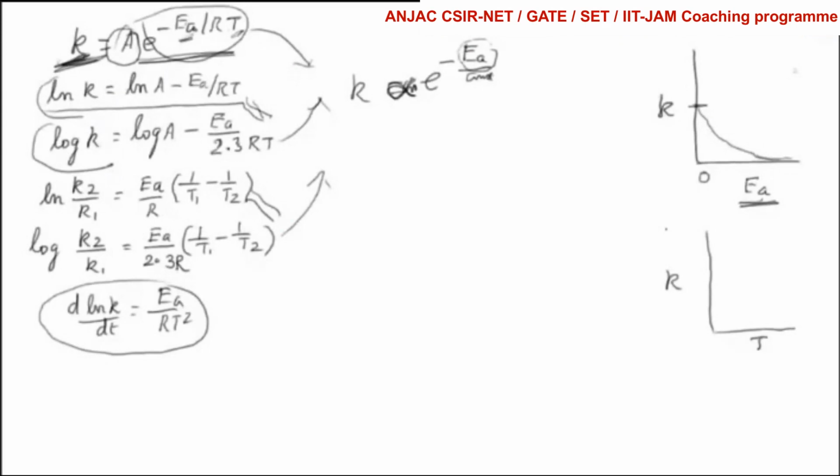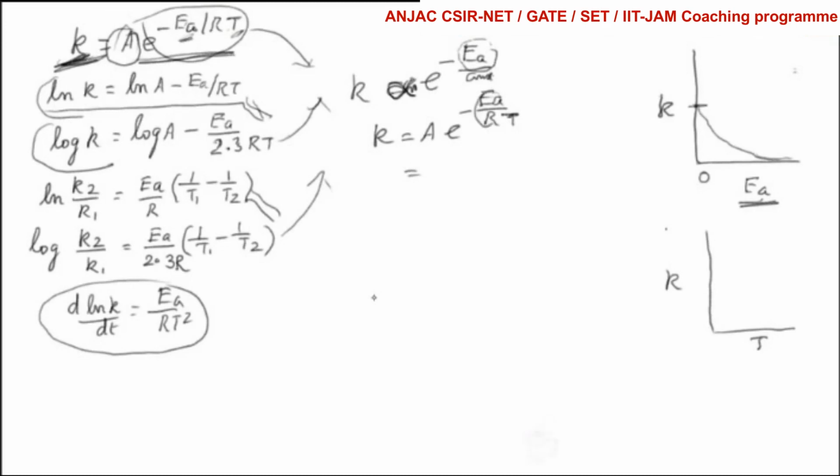Now let us assume EA remains constant. The energy of activation is also slightly temperature dependent, but for our calculation we take it as a constant, and temperature is changing. What happened to the temperature?